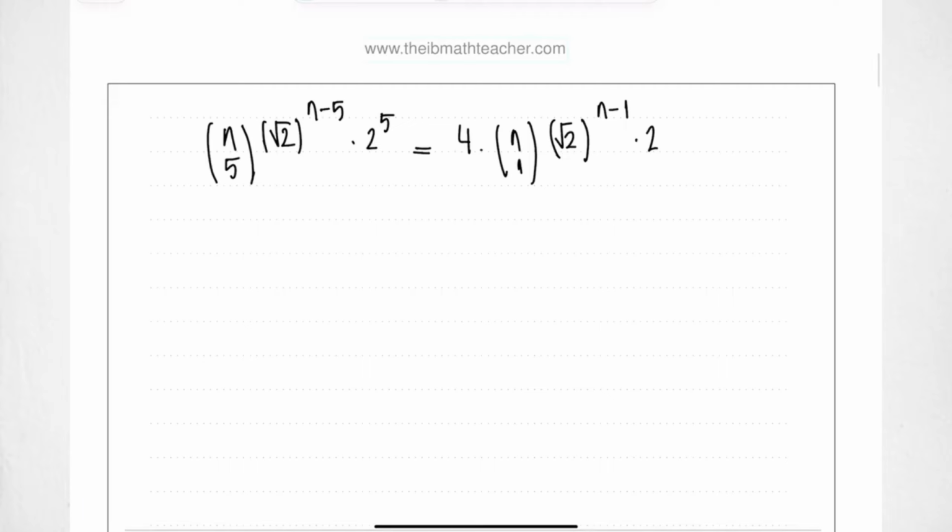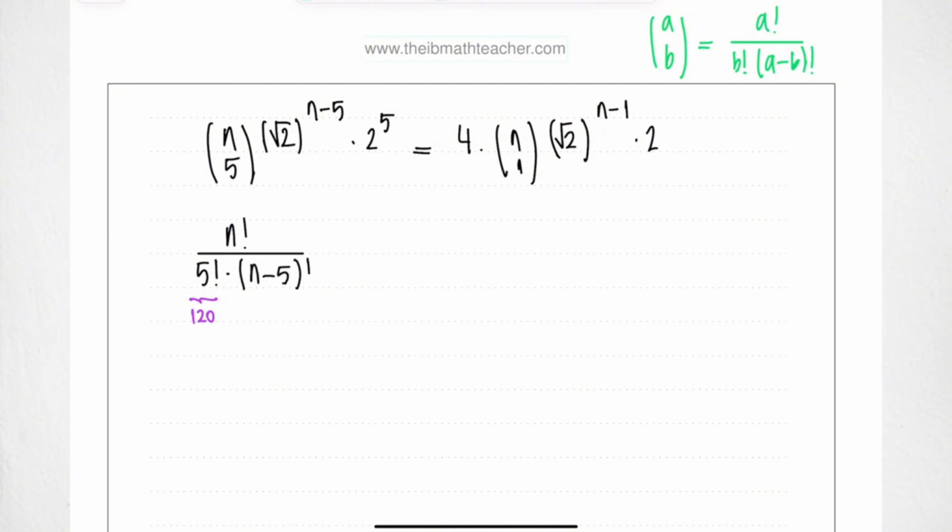So what is n choose 5, for example? Given that a choose b is equal to a factorial over b factorial times a minus b factorial, we have as n choose 5, n factorial over 5 factorial, which is 120, times n minus 5 factorial.